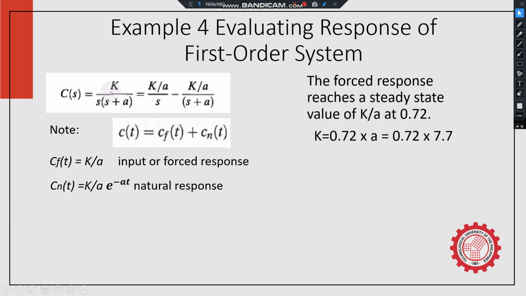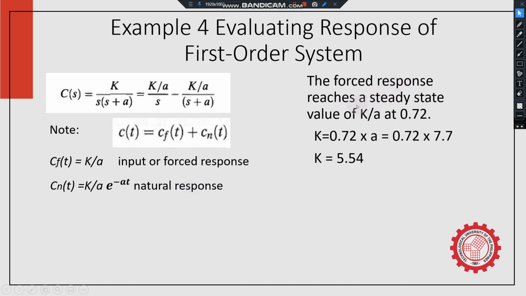So from our formula of the output transform C of S, let's recall the time response C of T, and notice that the K over A here is the coefficient of our input or forced response, and the C of N of T, which is equal to K over A, this one, is the natural response.